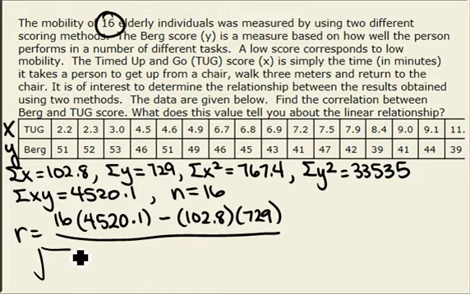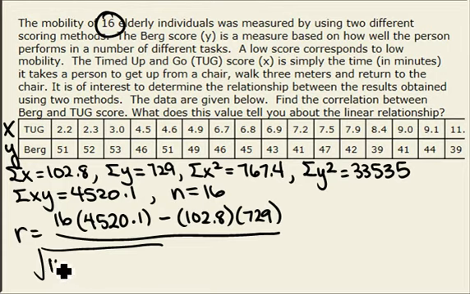In the denominator, we have two square root terms, one with x's, one with y's. And what we do is take the sum of your values squared, so for x's, 767.4, times 16. And then we subtract the sum of our values, squared.